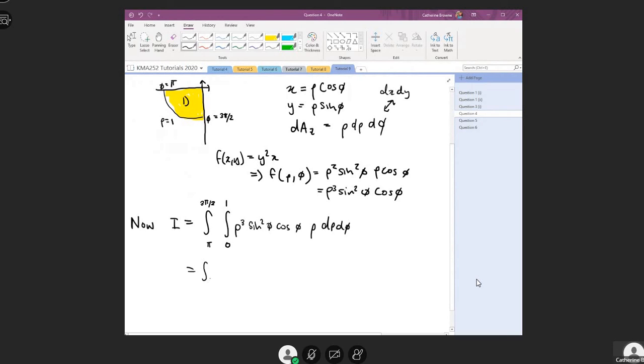And because there's no rhos or phis in the limits, we can actually just calculate them completely separately. So we want to integrate rho to the 4 from rho equals 0 to rho equals 1, and we also want to integrate sine squared by cos phi d phi.